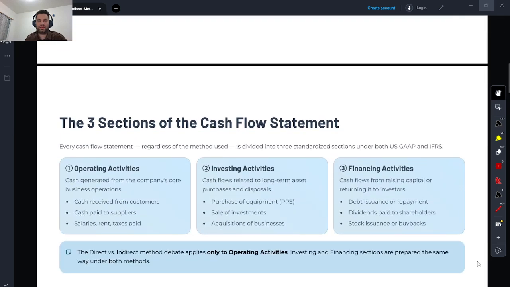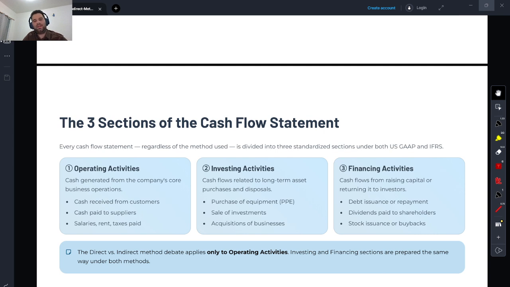The three sections of the cash flow statement. Every cash flow statement is divided into three sections under both IFRS and US GAAP. First is the operating activities. This includes cash generated from the company's core business operations, such as cash received from customers and cash paid to suppliers, employees, and tax authorities.